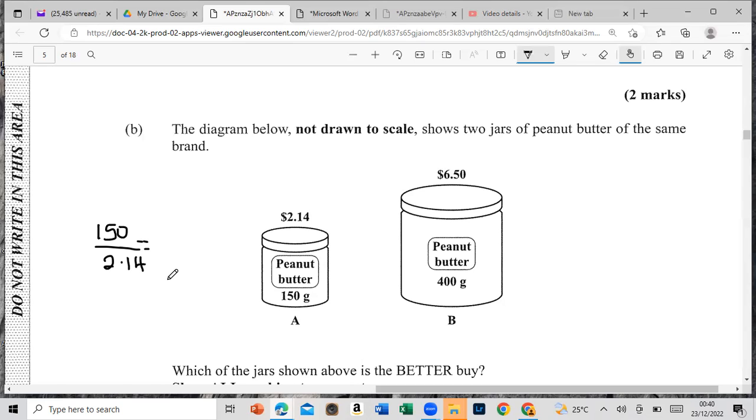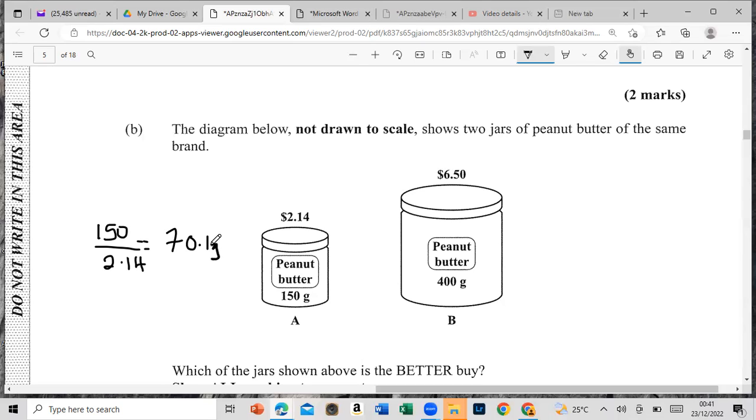Check it for yourselves just to ensure that you get the same thing. So that's 70. So for every dollar, you're going to get 70 grams. 70.1 to be exact.